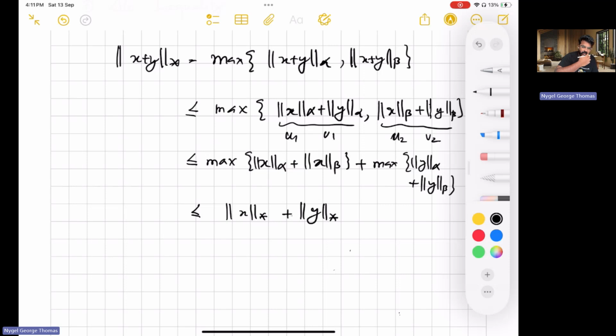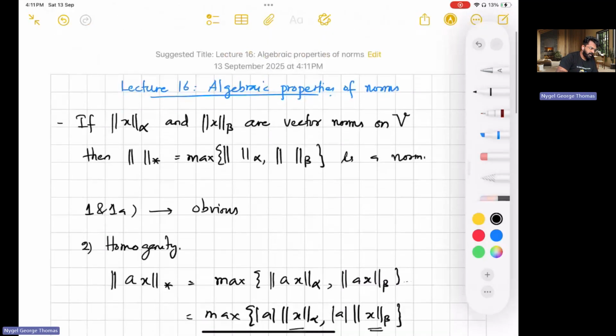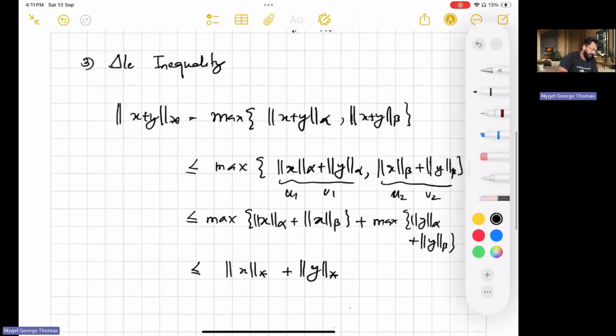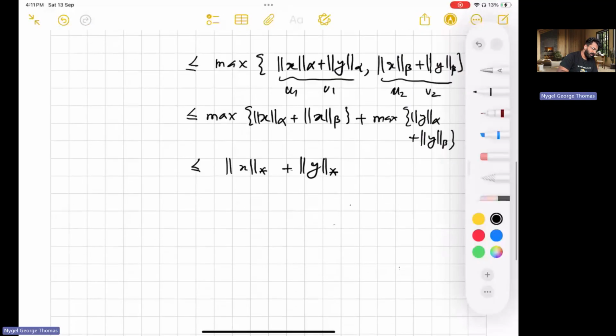This is the triangle inequality. This is also proved, so this is a valid norm.